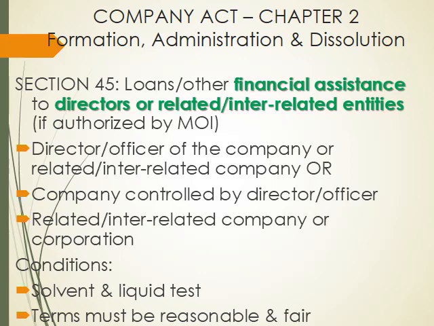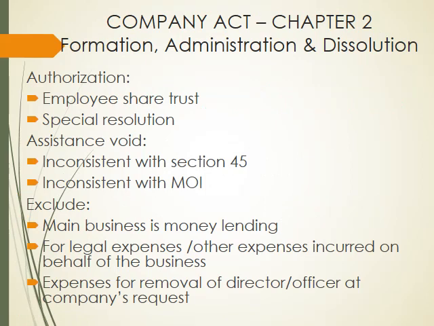Terms and conditions must be fair and reasonable. It requires authorization, where it is issued perhaps in an employee share trust. It requires a special resolution. The assistance is void if it's inconsistent either with this section of the Act or with any provision of the MOI.